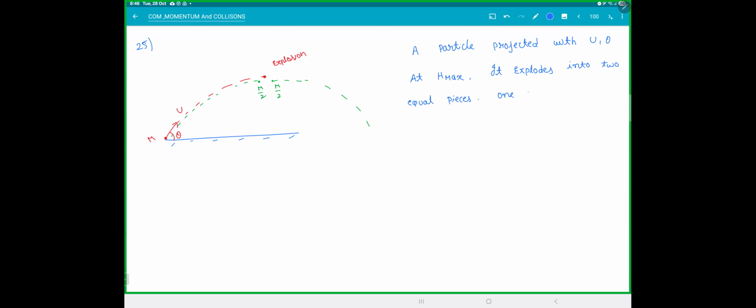One piece retraces the path. It comes back to the point of projection and comes back to the origin. Find the position where the second piece lands.